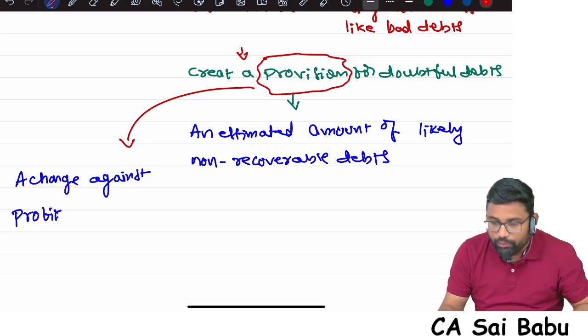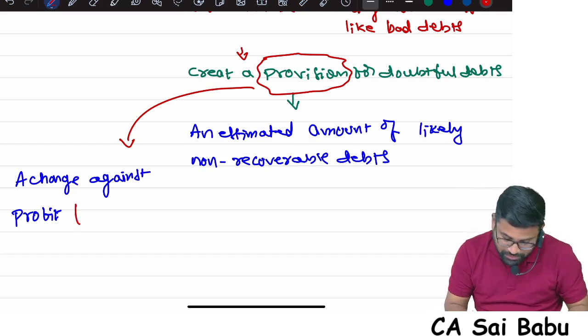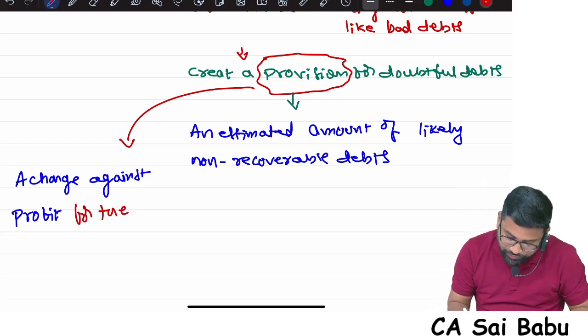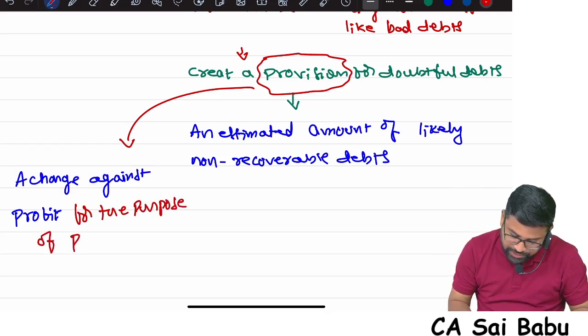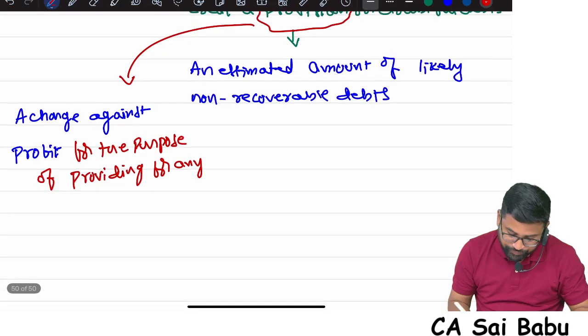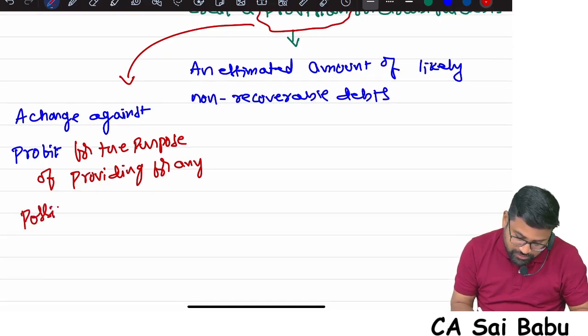And why am I creating this? For the purpose of providing for any possible loss or liability. Correct?